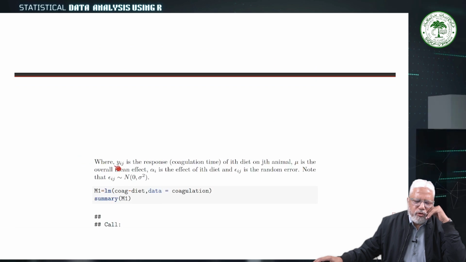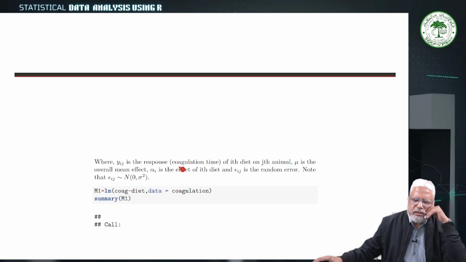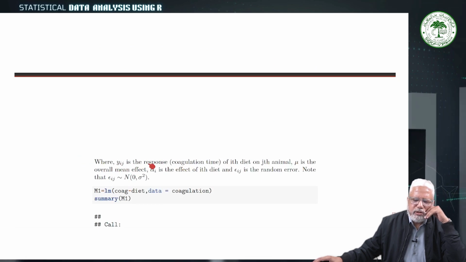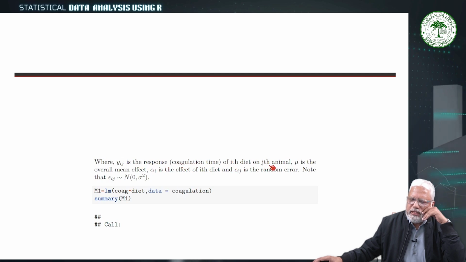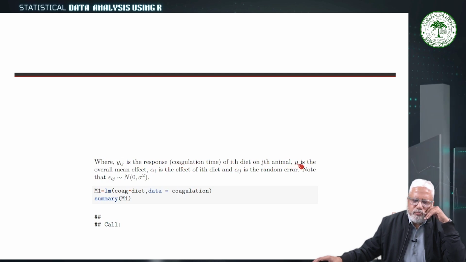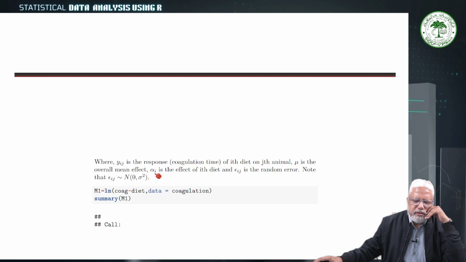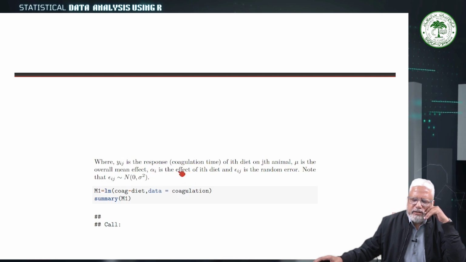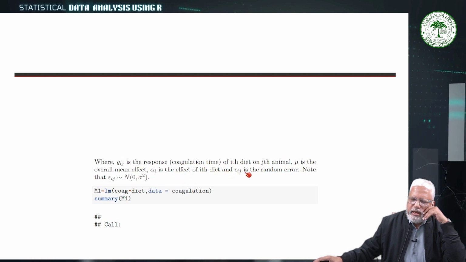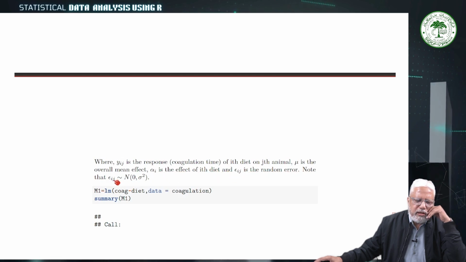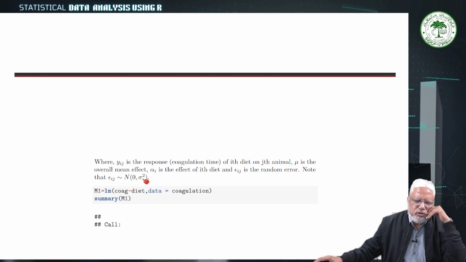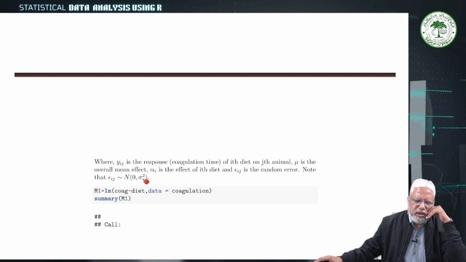Yij is the response coagulation time of the ith diet and jth animal. Note that Eij is normal with mean 0 and variance sigma square.